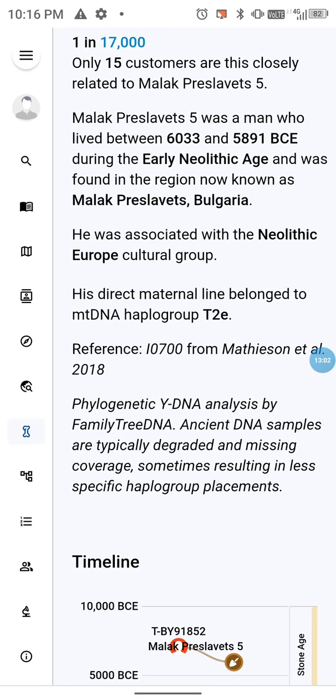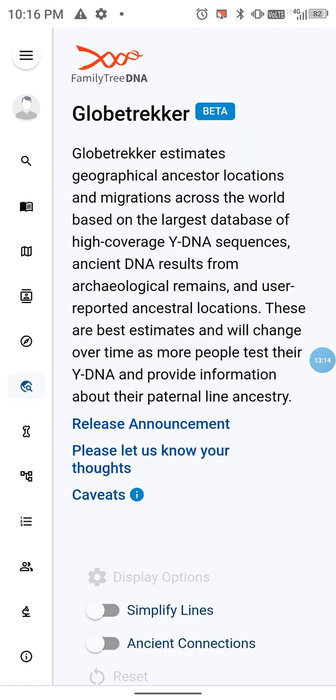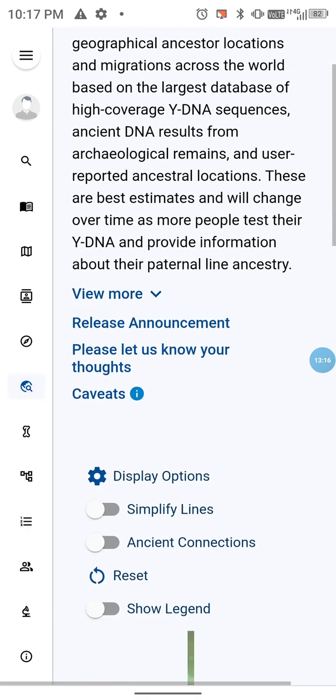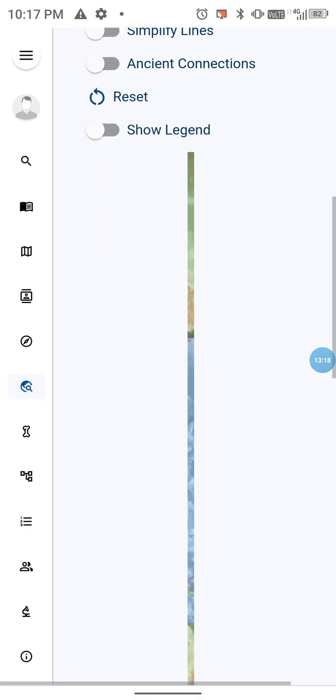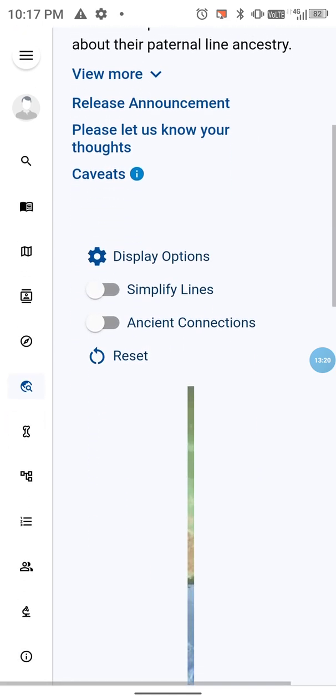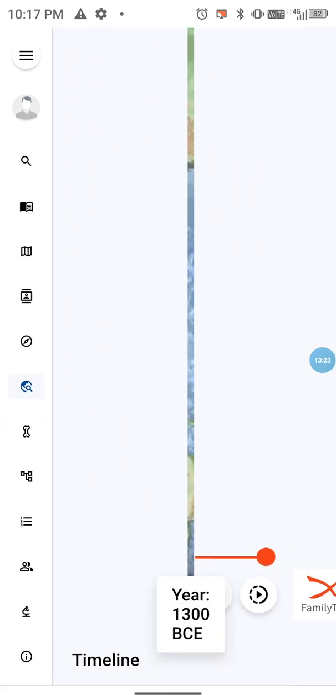And we're going to look at the tool we talked about so much in the beginning here, the GlobeTracker. Look at the left bar, the bar on the left. It's going to come up highlighted. When I click it, I'm going to hit it again. Since I'm doing this from my phone, I have to turn it sideways to get a better view, to even get a view.